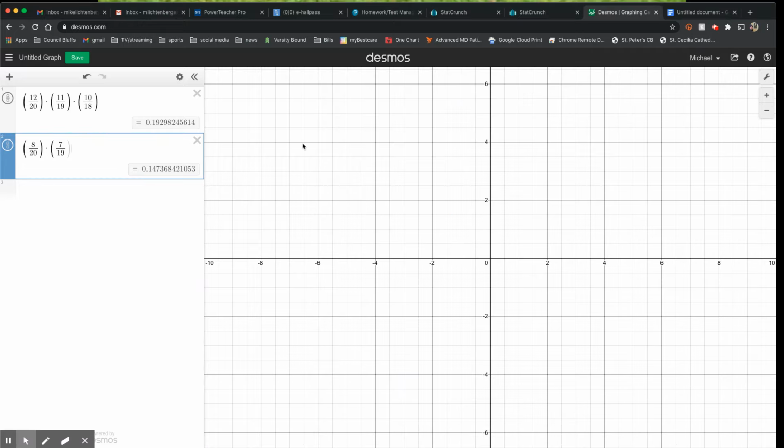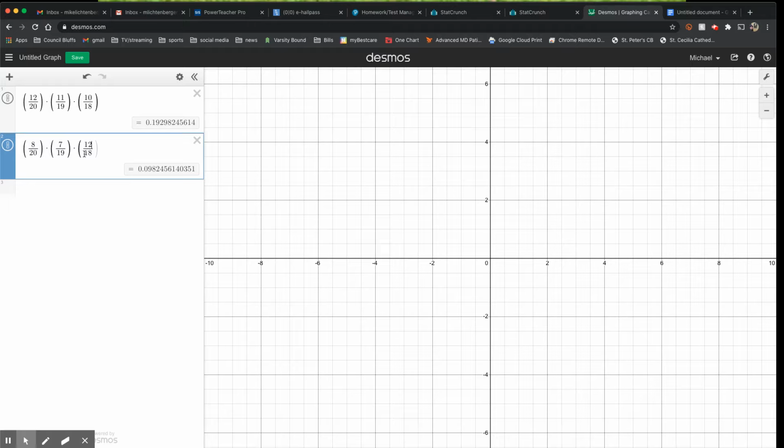So my third fraction, I know that there are only 18 batteries left, but if I don't get a good battery until the third try, that means that I still have all my good batteries left by the third one. So that's going to be 12 out of 18.